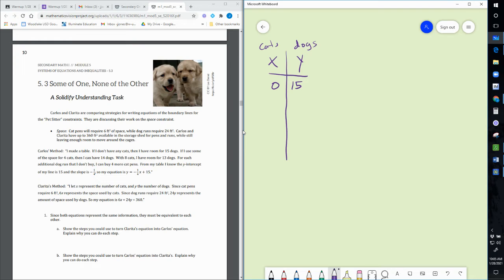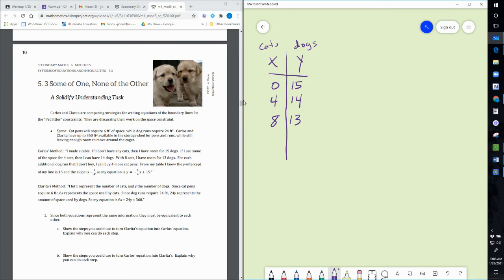And if he brought in 4 cats, he could have 14 dogs. So basically, for every 4 cats he added, he realized 8 cats, 13 dogs, that you're basically just doing what? Adding 4 cats and taking away a dog, right? Says for each additional dog run that I don't buy, I can buy 4 more cat pens. That's what you're supposed to realize before about the slope.